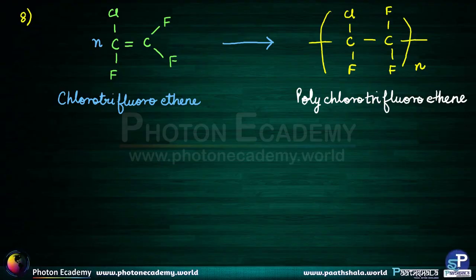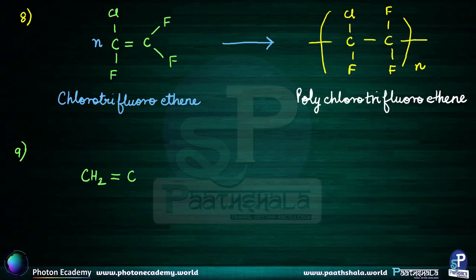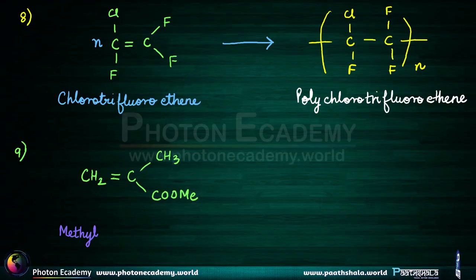Coming on to the ninth one. The ninth one is CH2 double bond C with a CH3 group on top and COOMe group at the bottom, and this is known as methyl methacrylate.